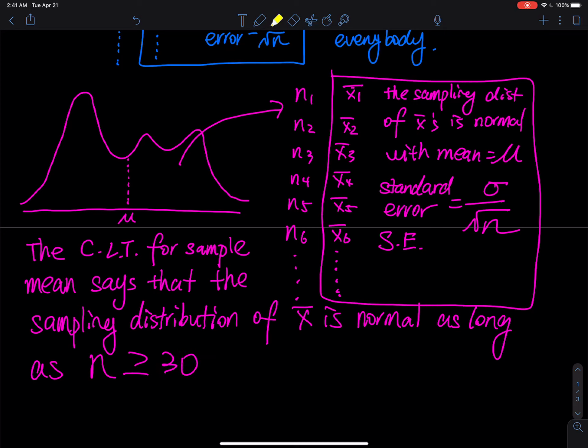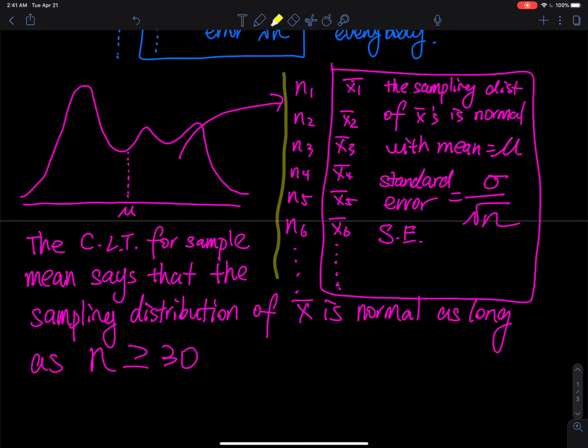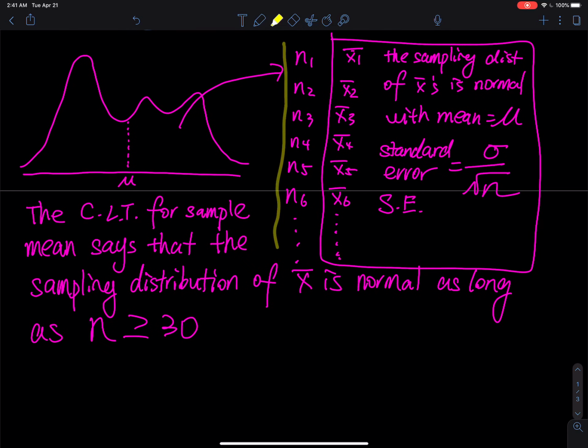So as long as this sample size is greater than or equal to 30, the distribution of x bar is normal.